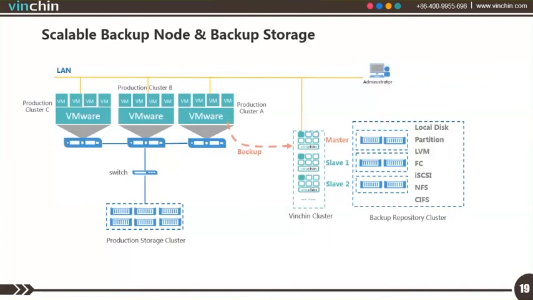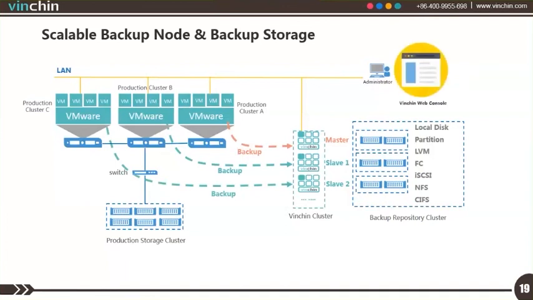So we connect each node to each cluster, and back up each cluster's virtual machines to each Vinchin node, and all the Vinchin nodes can be centrally managed and controlled by the master node via a Vinchin web console. So this is very easy to manage and helps to distribute the workload of each cluster.